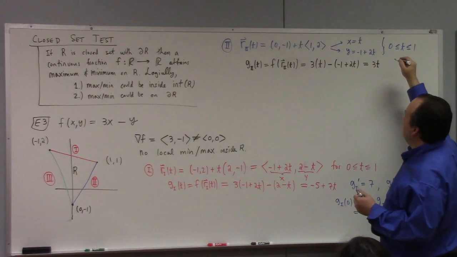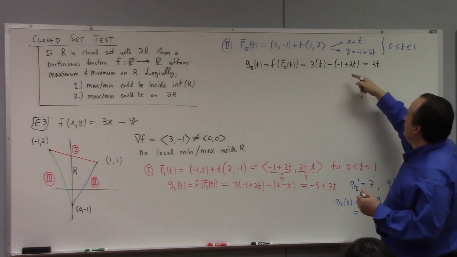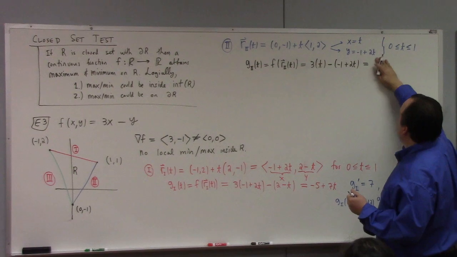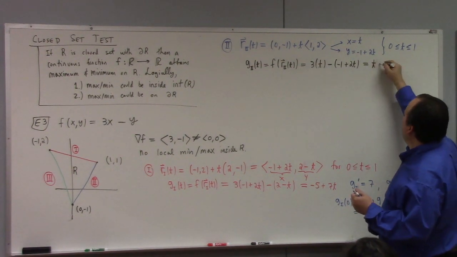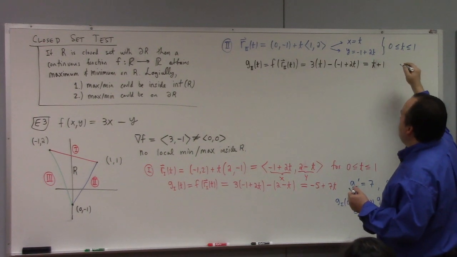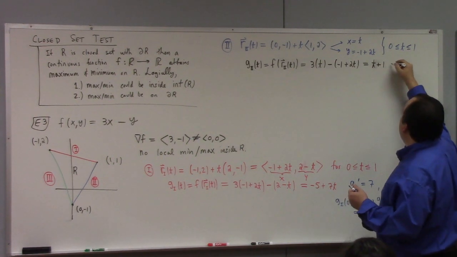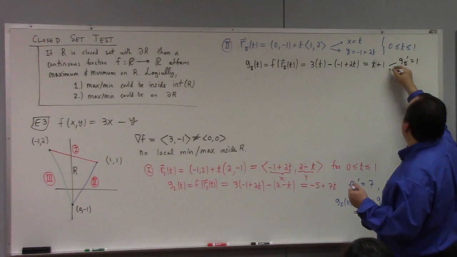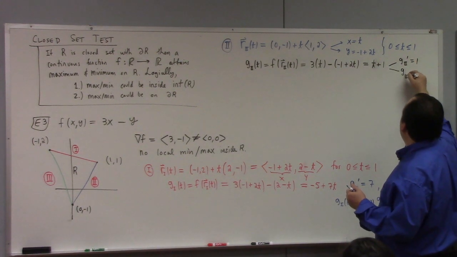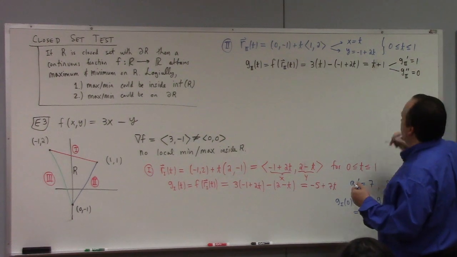3t, my bad. What's 3 minus 2? It's just t, right? And then I've got plus 1, t plus 1. So again, notice that G2 prime is equal to 1, G2 prime prime is equal to 0.